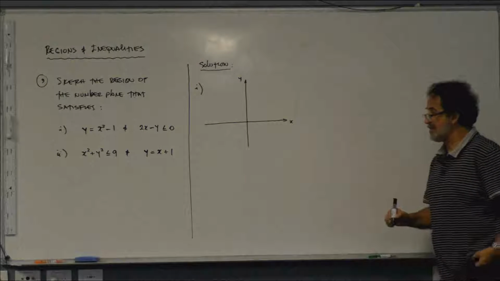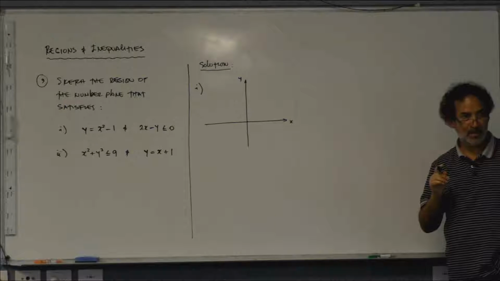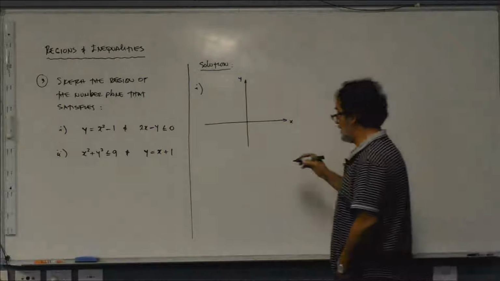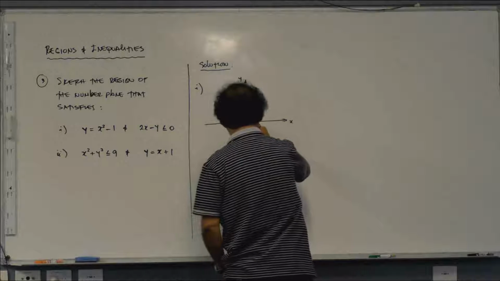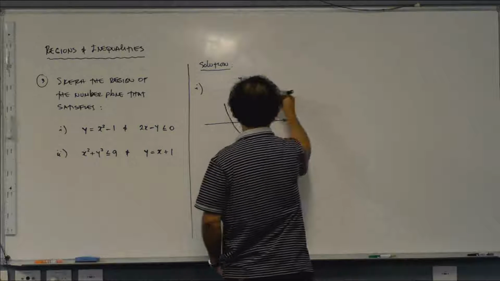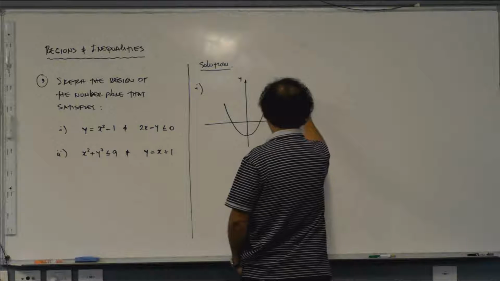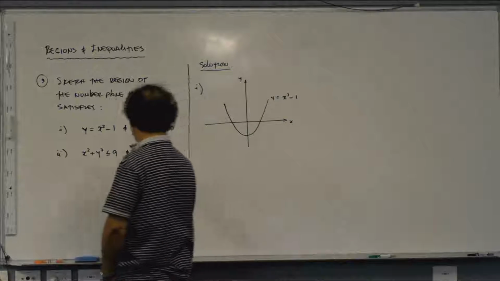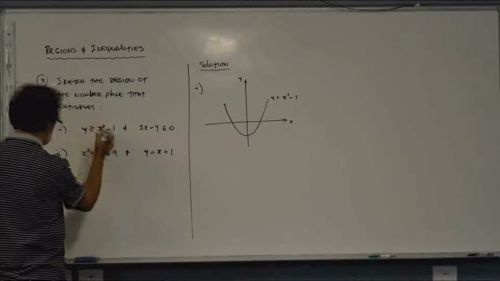The first is a parabola that cuts the y-axis at -1 and is concave up. So it looks like this. This is y equals x squared minus 1. By the way, this should be greater than.